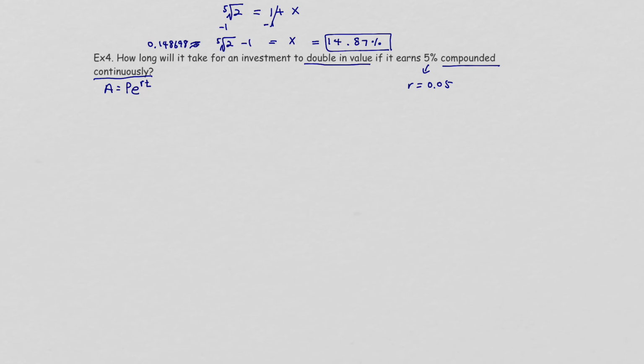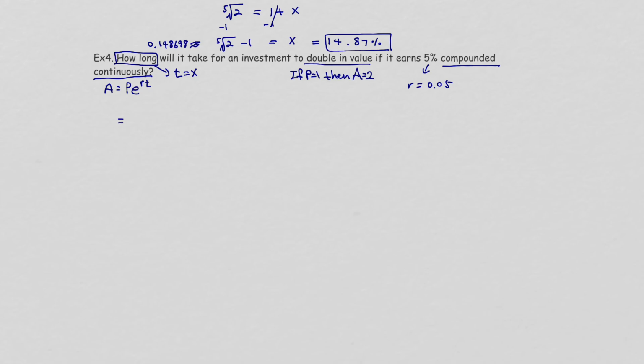So if we use P equals 1, then total amount is going to be 2, right? And how long is what they're asking, so your t is going to be unknown. Let's see if we can place it.